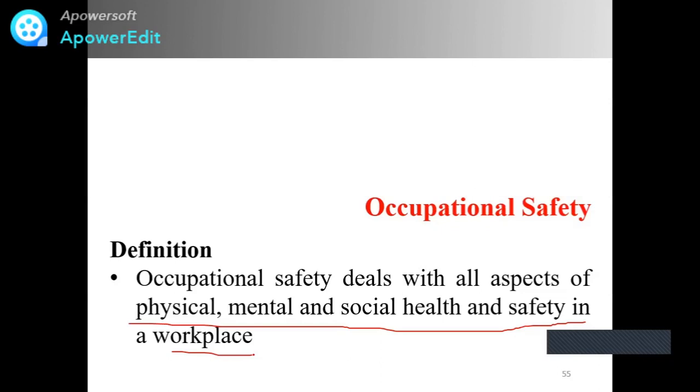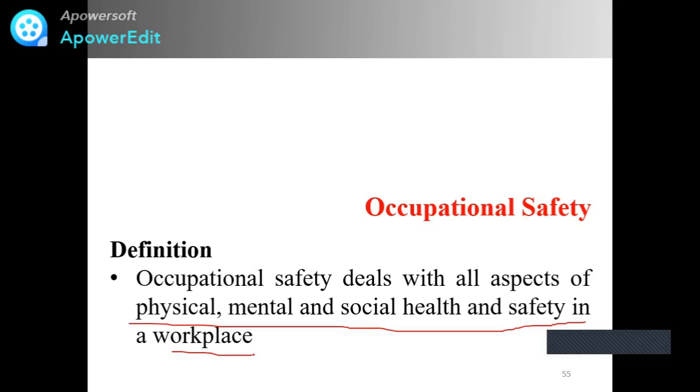The spectrum of possible occupational safety risks ranges from severe and immediate physical danger to small hazards, from serious damage to non-serious damage.